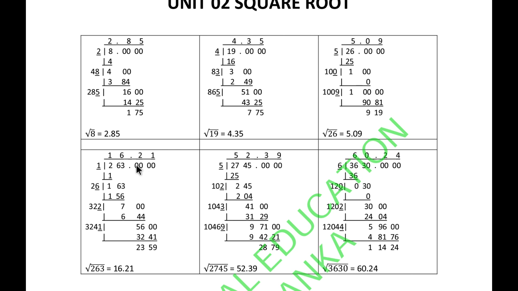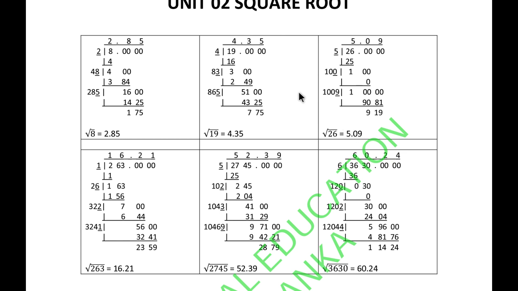But 263 we write 2 space 63.00 space 00. 2745 we write 27 space 45.0000. 3630 we write 36 space 30.0000.